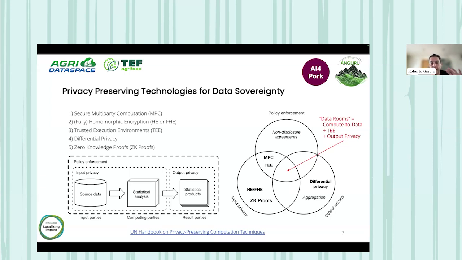That is basically, instead of moving the data to wherever it is going to be processed, the data remains under your control, and it is the algorithm that does the processing that visits the data. And this is combined with trusted execution environments and also privacy of the output. So you guarantee that the data you are getting as a result doesn't contain sensitive or personal data, which is a mechanism that might help in this regard.